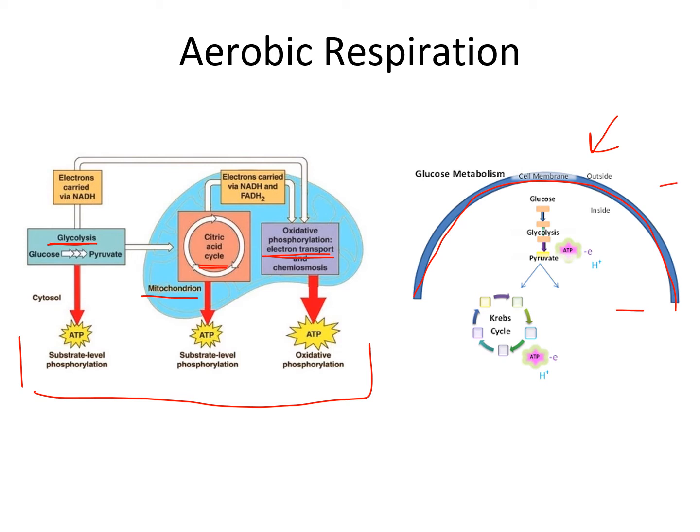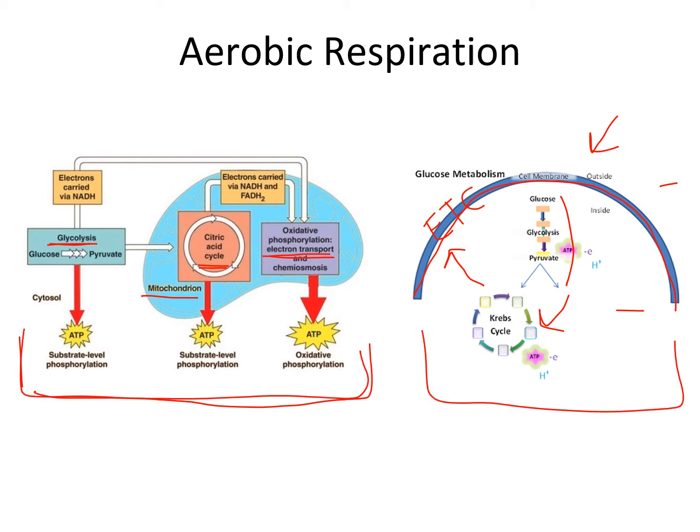And when a bacterial cell performs aerobic respiration, it also goes through glycolysis and the Krebs cycle, or the citric acid cycle, and then those electron carriers go to the electron transport chain, which is actually embedded in the membrane. Electron transport chain embedded in the membrane of the bacterial cell. But both processes, whether it's in a eukaryotic cell or a prokaryotic cell, are similar.